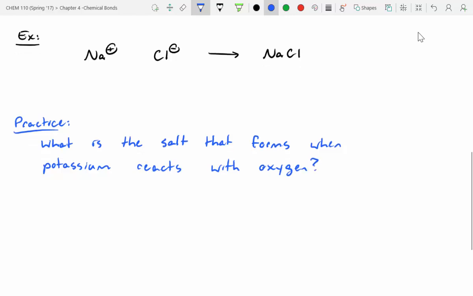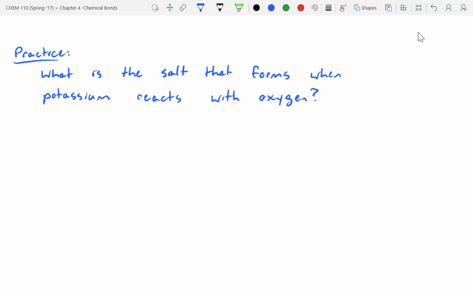I'll give you guys a minute to think about this, but what I normally like to do is draw the Lewis structure for the neutral atom and then figure out how it can get to a full octet. Does it want to steal electrons from another atom, or does it want to give them away? And then check with your neighbor and see if you guys agree. I'll give you a hint too. You can use more than one potassium atom or more than one oxygen atom. Your goal though is to balance out the charge.